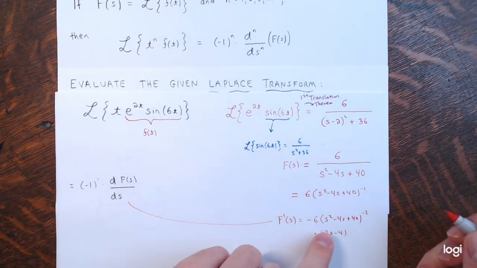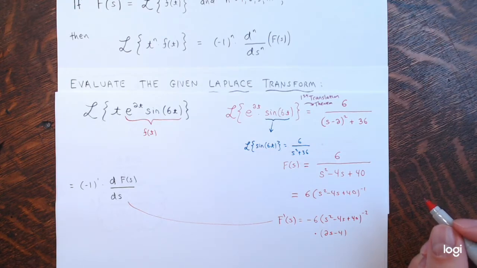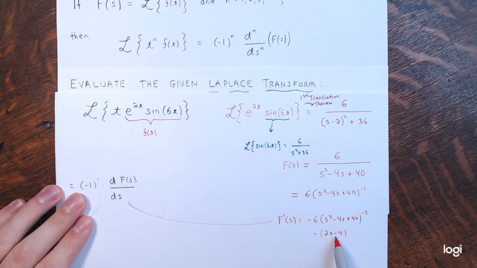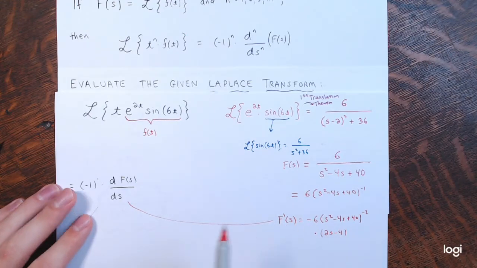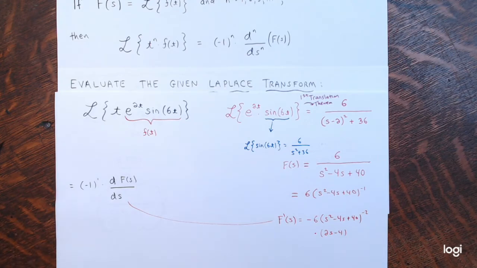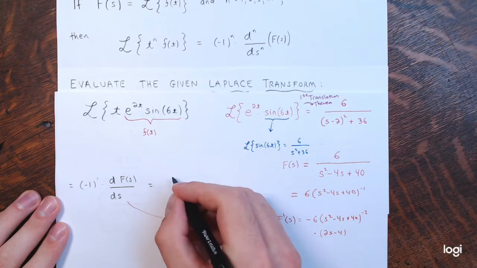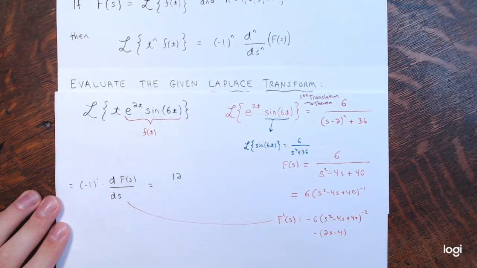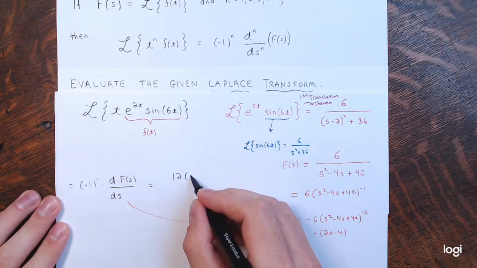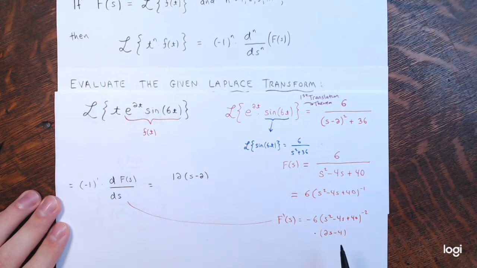Right, the derivative of the s squared minus 4s plus 40. And you could factor a 2 out of this factor also. Putting it with this would make that negative 12, and don't forget this is being multiplied by negative 1, so it ends up being positive 12 times s minus 2. That s minus 2 came from factoring a 2 out of 2s minus 4.